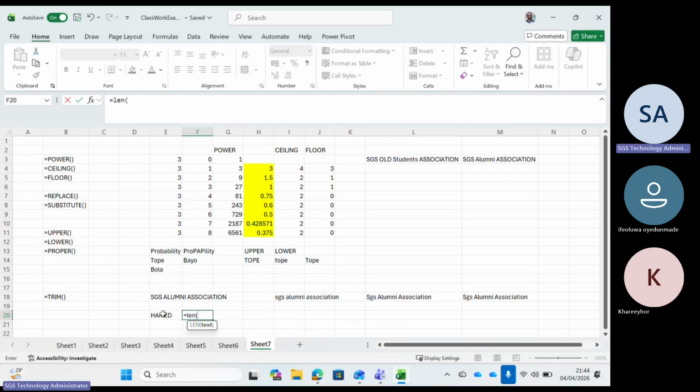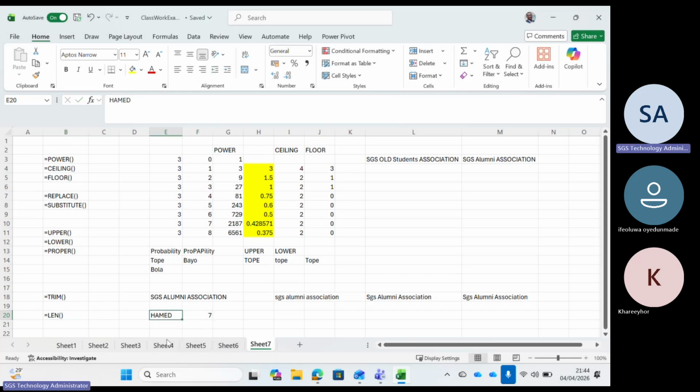I want to know how many characters this one has. Why is it having 7? So then we have learned one more function, len, to always tell you how many characters are there in the text.